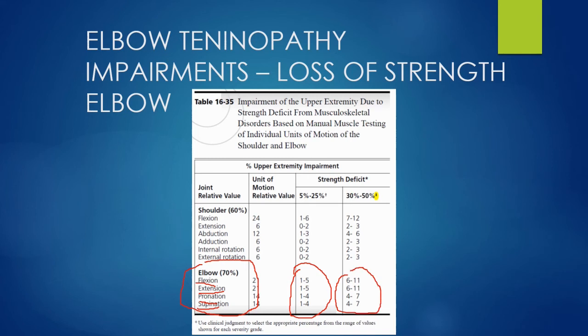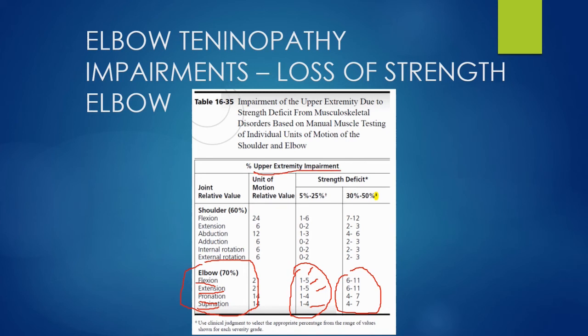So for a 25% loss of strength in elbow flexion, that qualifies for 5% upper extremity impairment. Same for extension. For pronation and supination, both of those qualify for 4%. So remember that that's upper extremity impairment. That would have to be converted into whole person impairment later on.